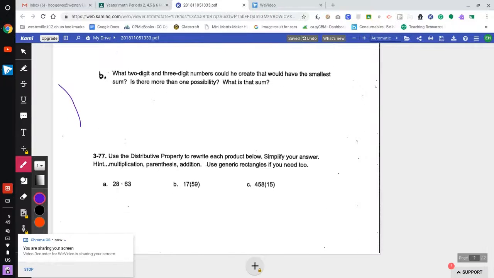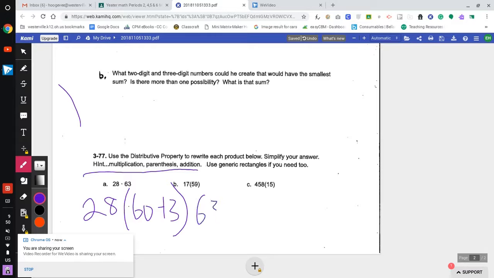Using the distributive property, rewrite each product below and simplify your answer. We already gave you the hint, multiplication parentheses. So for the first one, we could break it down 1 or 2 ways. We have 28 times 63. So again, we could go 28 times 60 plus 3, or we could reverse it and go 63 times 20 plus 8.